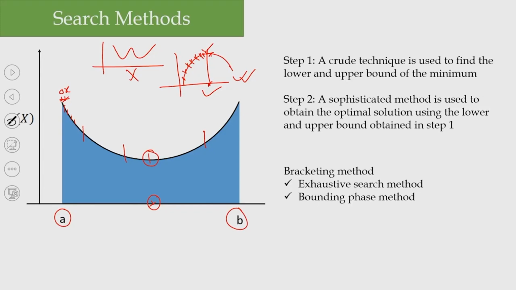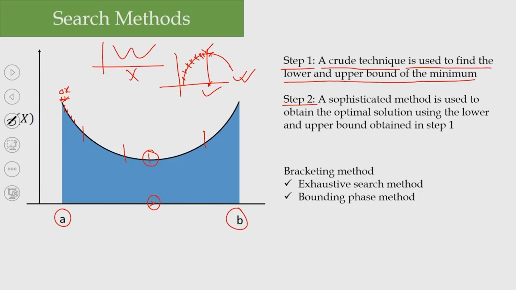Therefore, we are solving this problem in two steps. In the first step, my interest is not to find the exact optimal solution of this particular problem. What I would like to do is bracket the optima. Basically, a crude technique is used to find the lower and upper bound of the minimum.